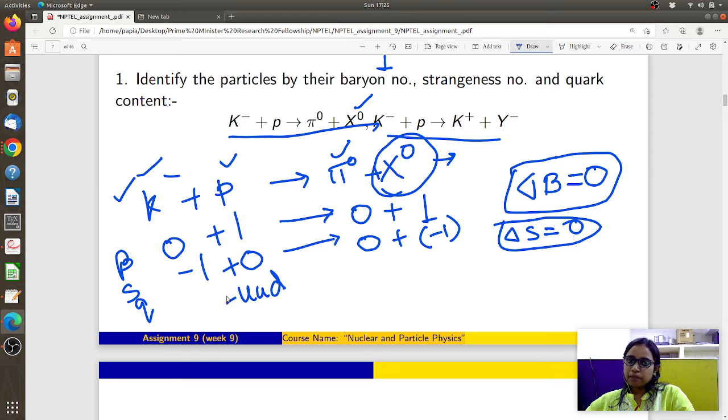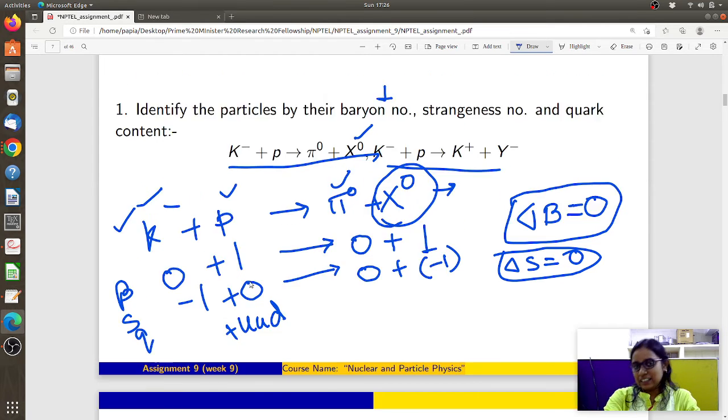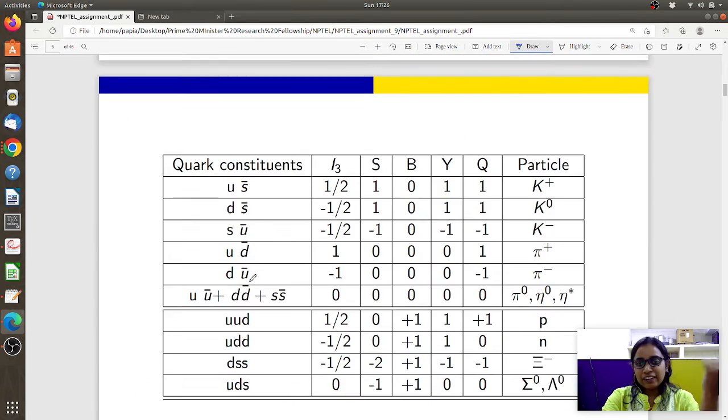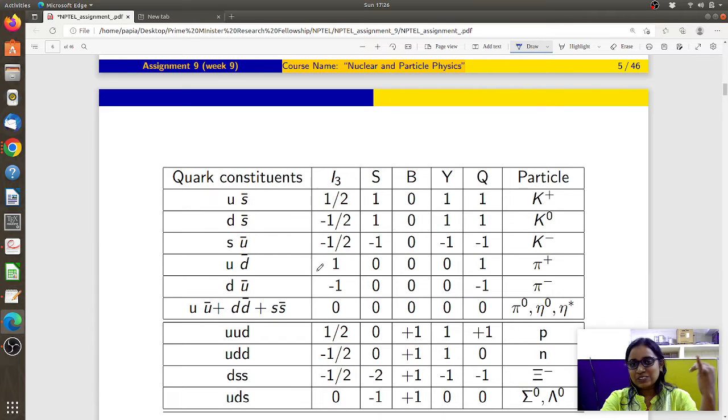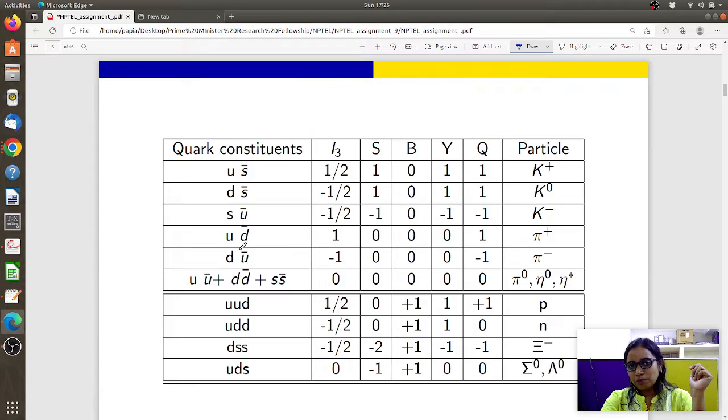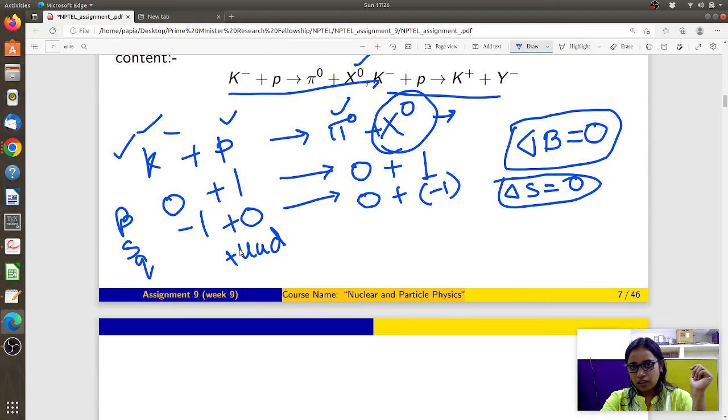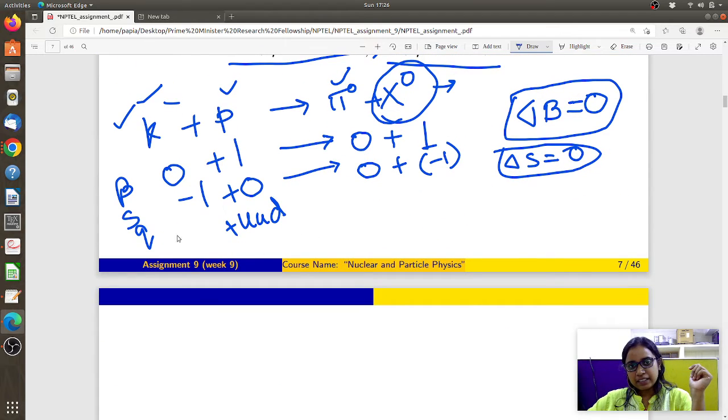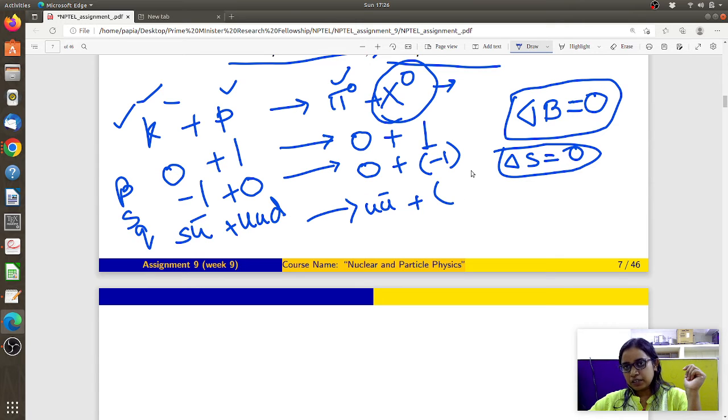And for K minus and pi 0, you have to remember them: K minus is s u bar, and pi 0 is, let's say, u u bar. So what will be this one?